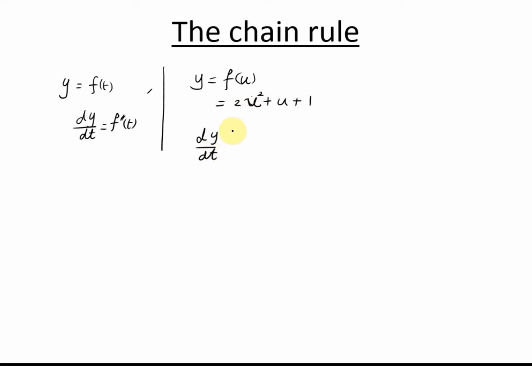So you cannot take the derivative of this y function directly with respect to time, because y is a function of u, not a function of t. But let's say u is another function of t, okay? Then you can take the derivative of y with respect to time t, because we know that this parameter u is another function of time t.